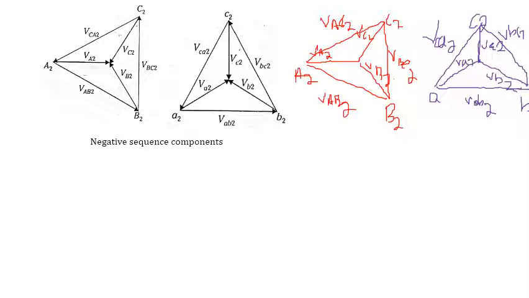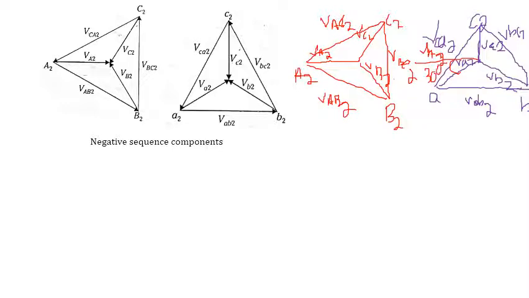And this is VA2. If you look at that, what is the angle between capital VA2 and small VA2? If we represent this here, the angle made between capital VA2 and small VA2 is 30 degrees.